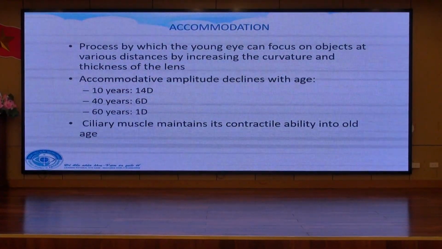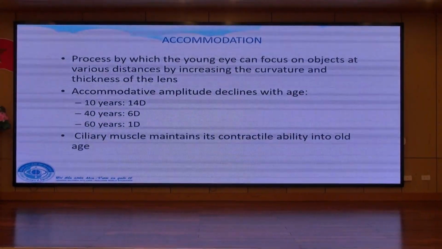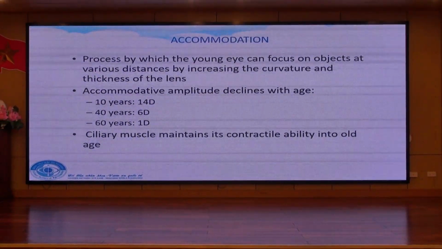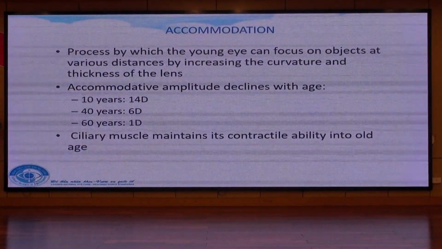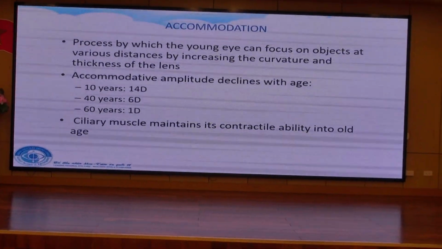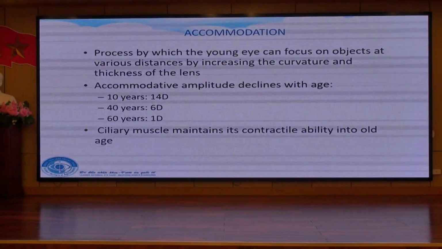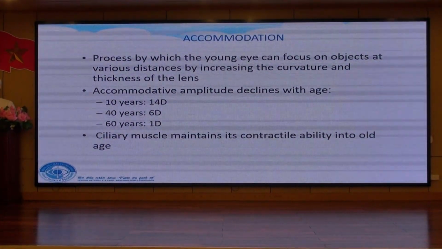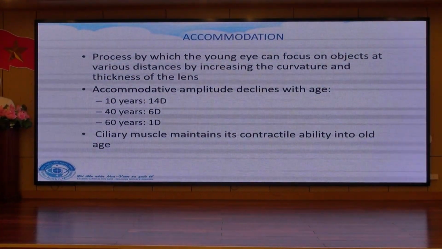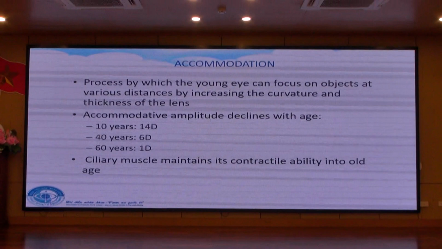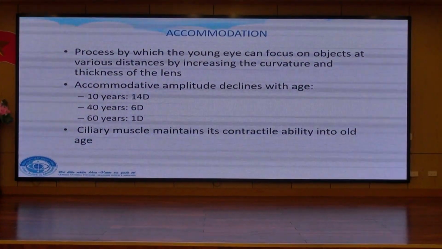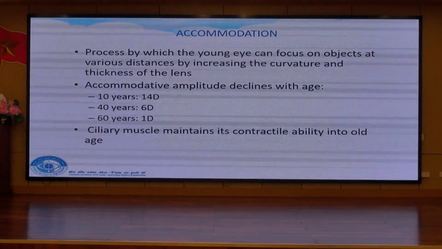In a 10-year-old child, it is about 14 diopters, and at age 40, it is about 6 diopters, and at age 60 it is only about 1 diopter. And recent in vitro and in vivo studies show that the human ciliary muscle maintains its contracting ability into old age.